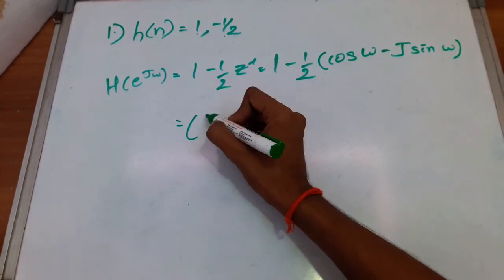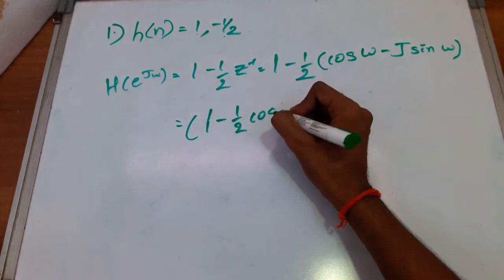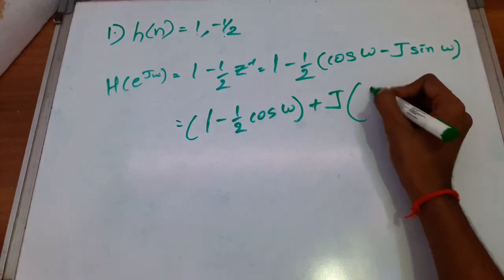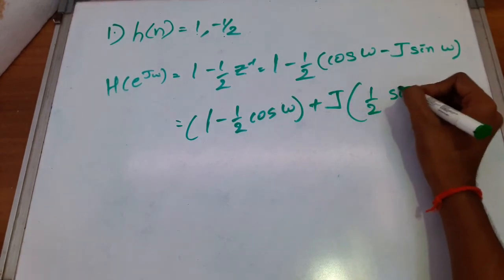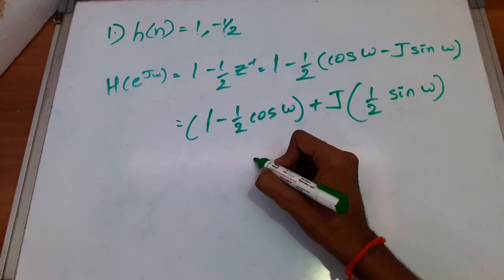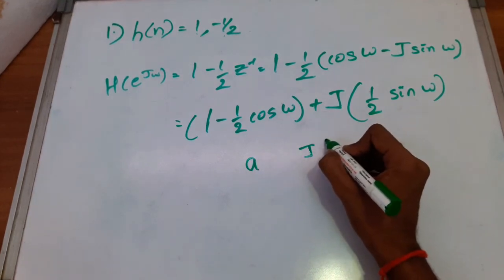This will give us 1 minus 1 by 2 cos omega plus j half sin omega, where this is the real part and this is the imaginary part.